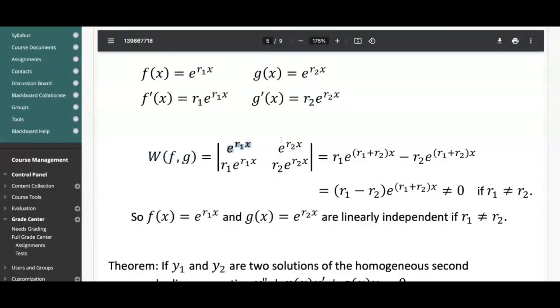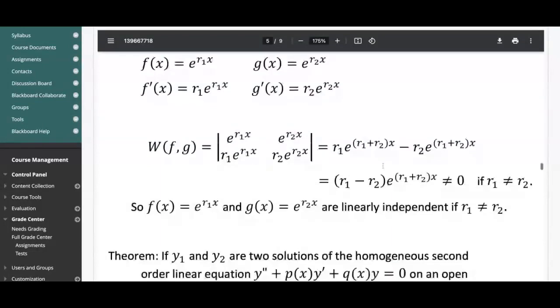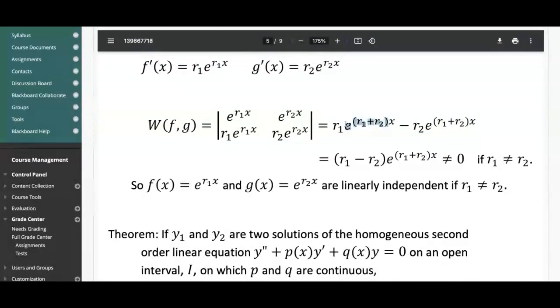So plug into the Wronskian. That's f, that's g, that's f prime, that's g prime, multiply diagonally. Determinant of a 2 by 2 matrix: product minus product of those two. Well, the e term is the same, e to the power (r1 plus r2)x. So we factor it out. The e term will never be 0.